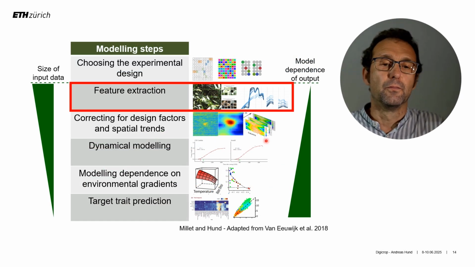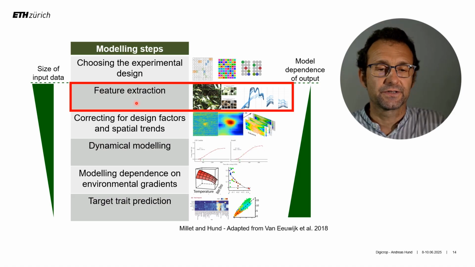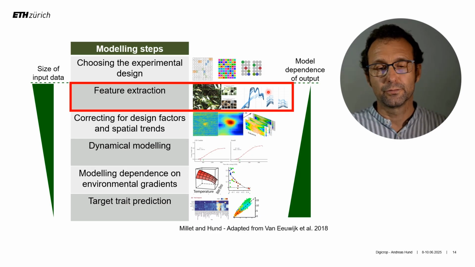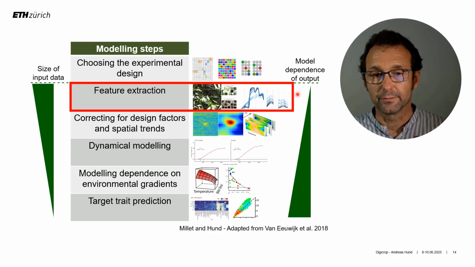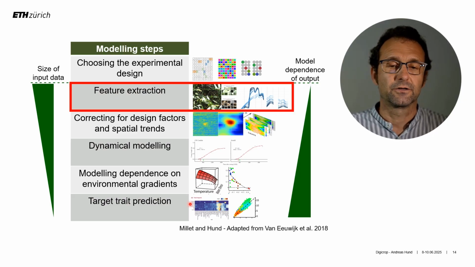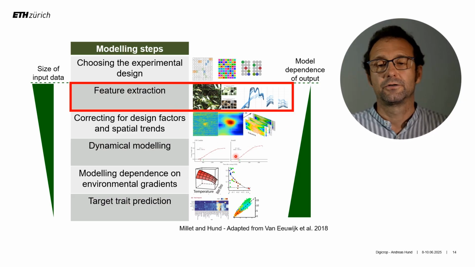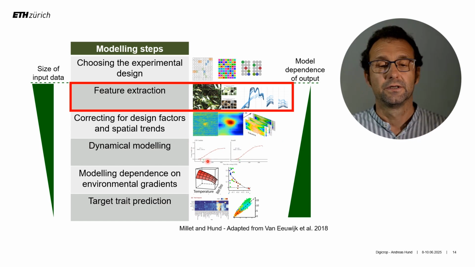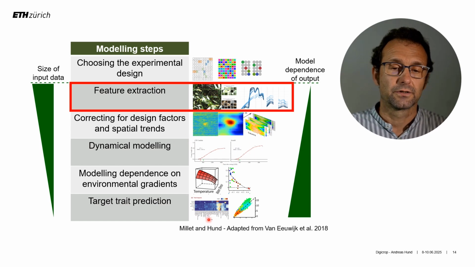To model all that is kind of a sequence of processes which we would like to do. For example, apart from a good experimental design, then we need to have feature extraction. I think that's currently the most important part for phenotyping, to get the information out of images or out of a hyperspectral signal, but then of course also downstream correct for spatial effects in the field, and then very importantly try to model that dynamically and in the end predict yield.